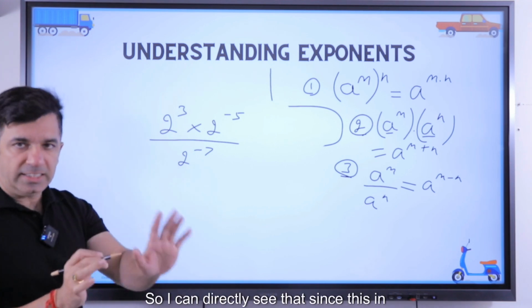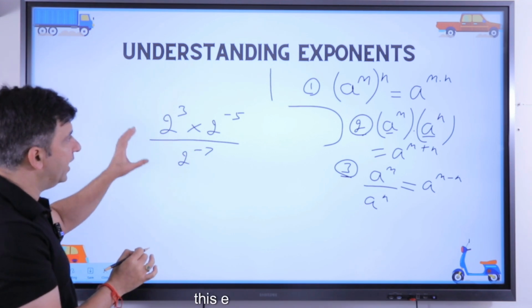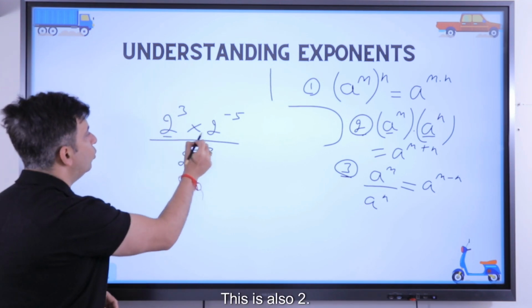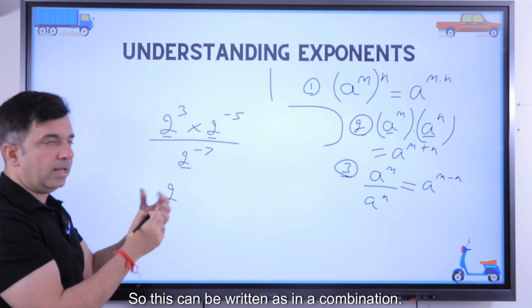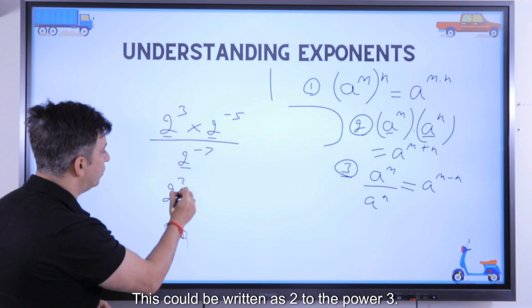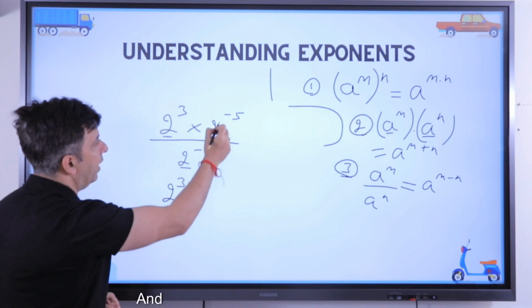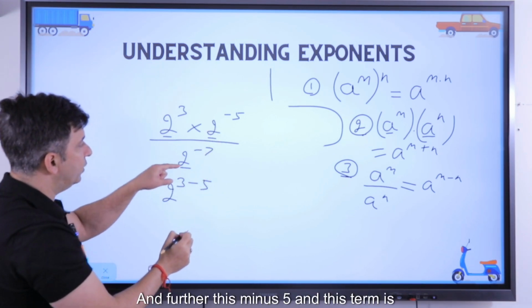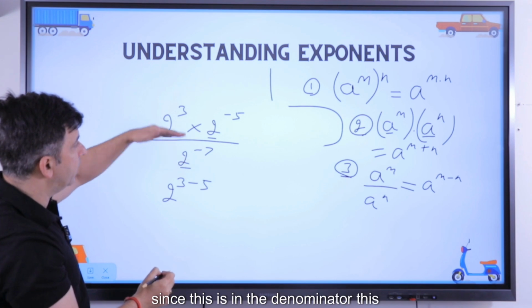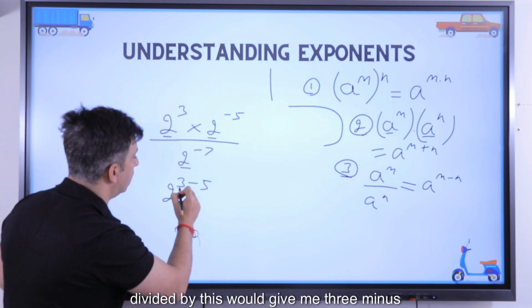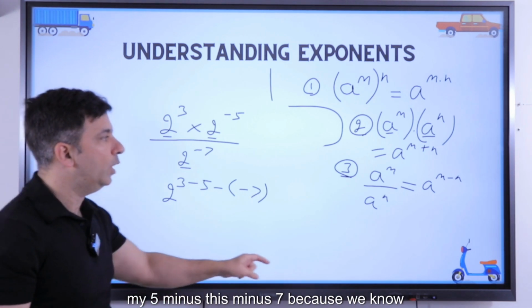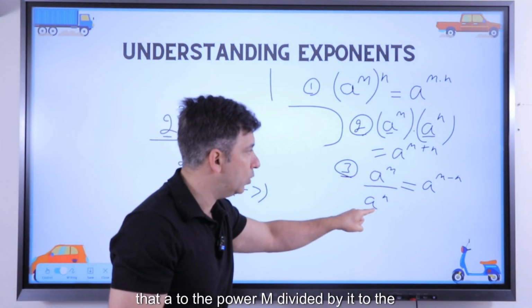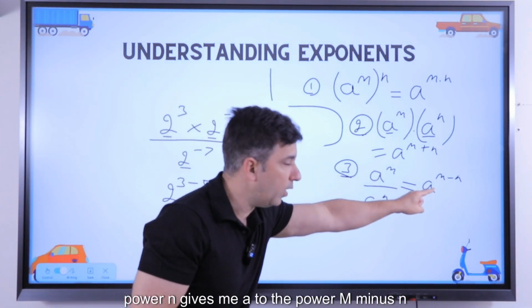I can directly see that in this entire expression, this is also 2, this is also 2, and this is also 2. So this can be written in a combination as 2 to the power 3 minus 5, and since this term is in the denominator, this divided by this would give me 3 minus 5 minus minus 7, because we know that a to the power m divided by a to the power n gives me a to the power m minus n.